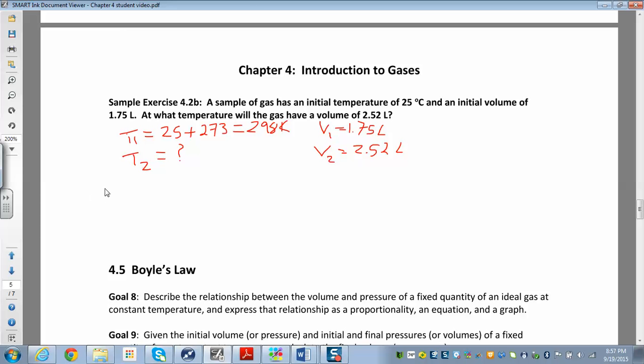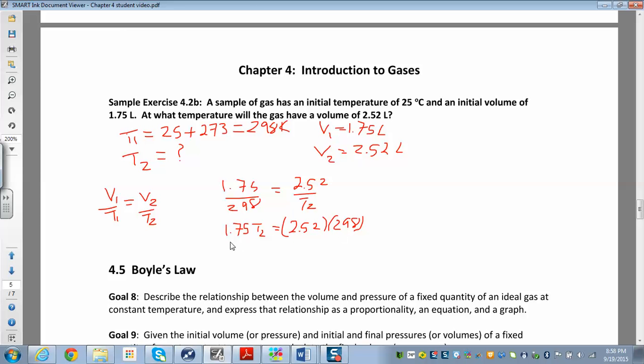So again, we have V over T equals V over T. So volume 1, I have 1.75 over T1 equals volume 2, 2.52 over T2. And so now we want to solve for this thing on the bottom. So you can cross multiply. If you remember cross multiply, you have 1.75 times T2 is equal to 2.52 times 298.